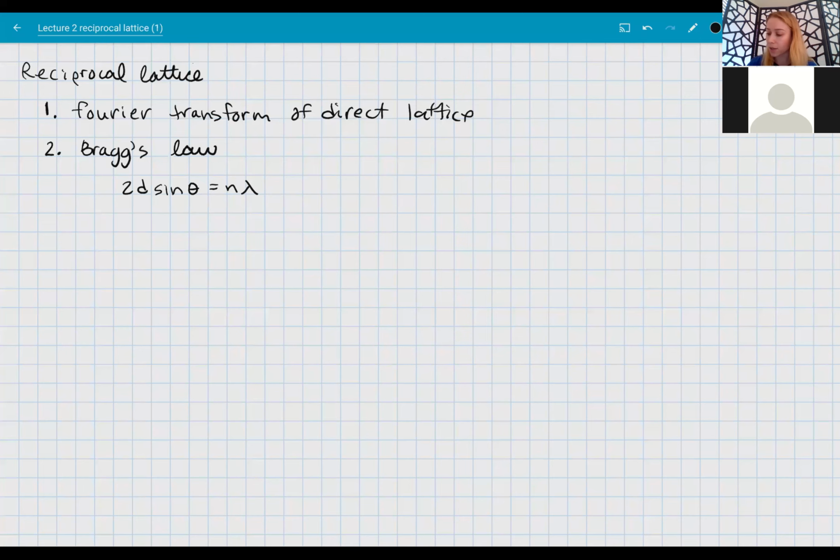So n here is an integer. Lambda is the wavelength of light. D is the spacing of the periodic structure that's diffracting the light.